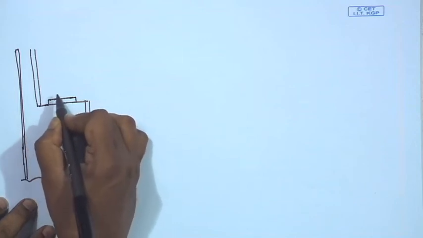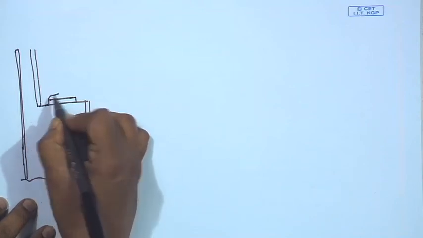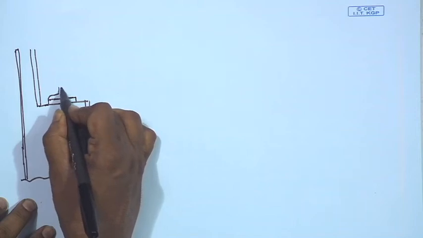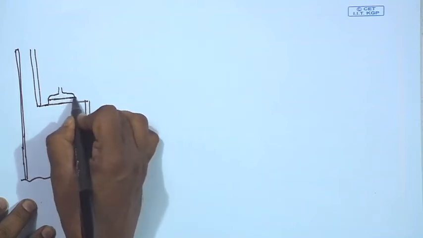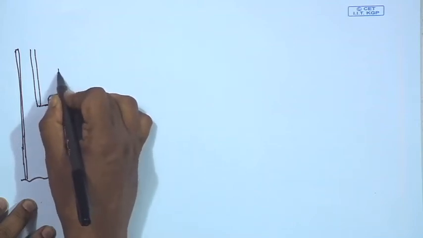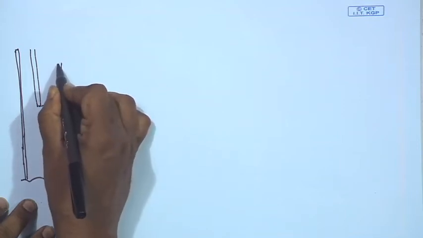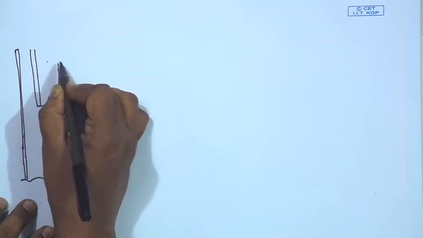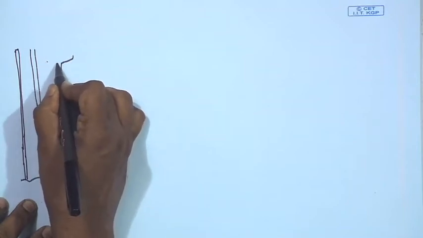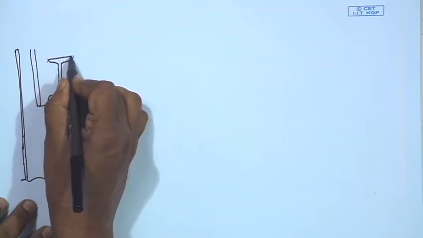Then, gantry girders generally consist of an I section, and at the top flange, along with the I section, we provide another channel section, right.